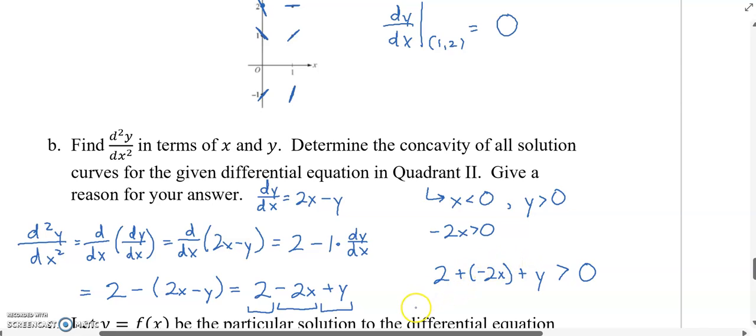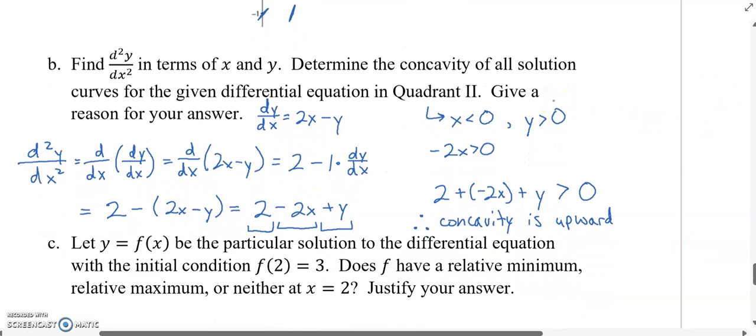The concavity, therefore, is upward for all solution curves in quadrant 2. All right. So that's going to be useful for part B, or part C, I would imagine.